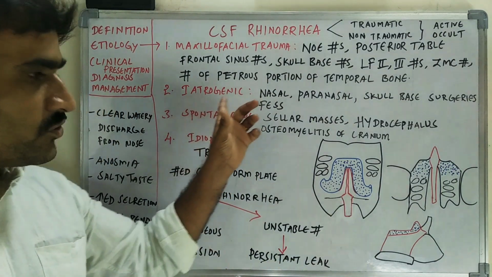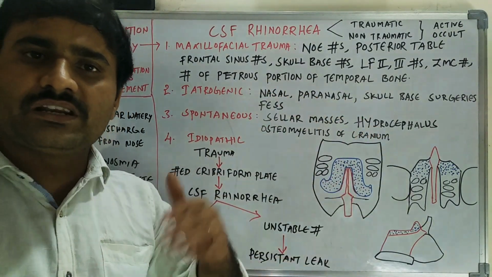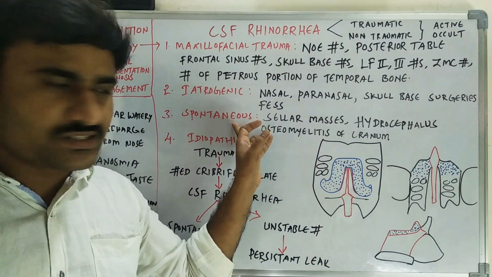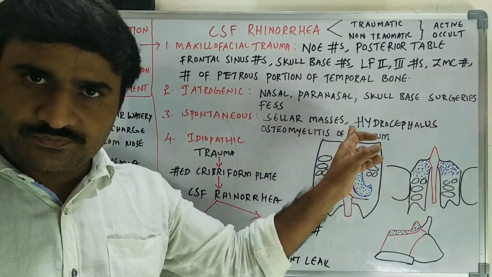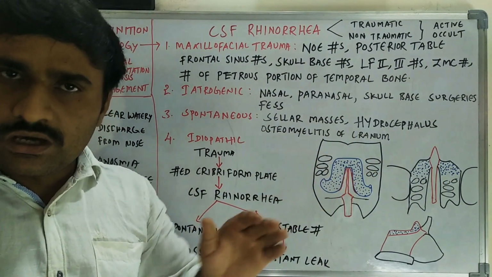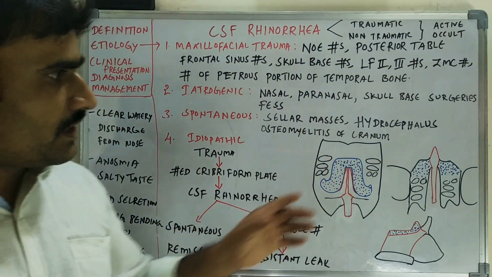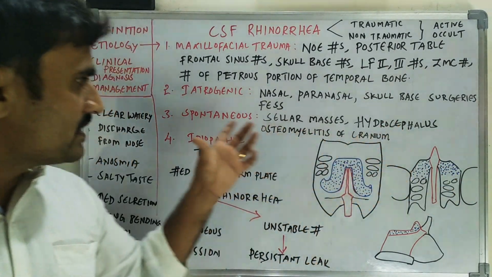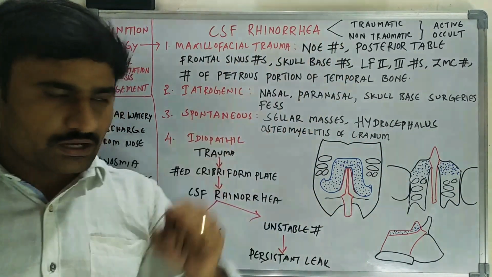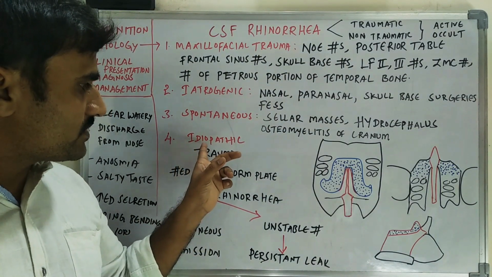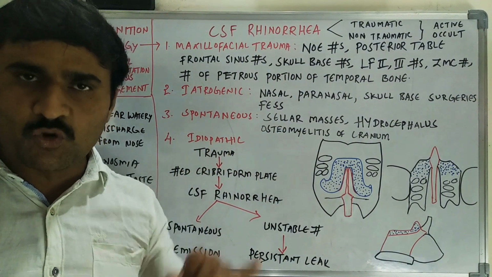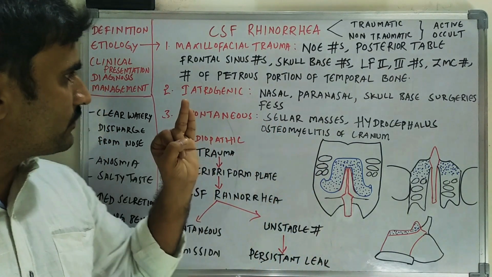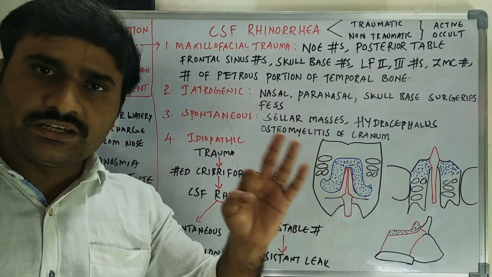These are the iatrogenic causes. Then the third one is spontaneous, due to tumors eroding through the skull base, hydrocephalus, or osteomyelitis of the cranium. The fourth cause is idiopathic. The most important one is maxillofacial trauma, and after that iatrogenic, spontaneous, idiopathic.